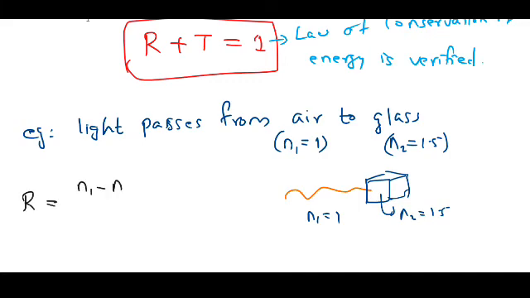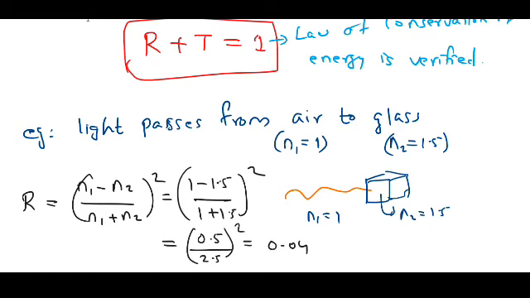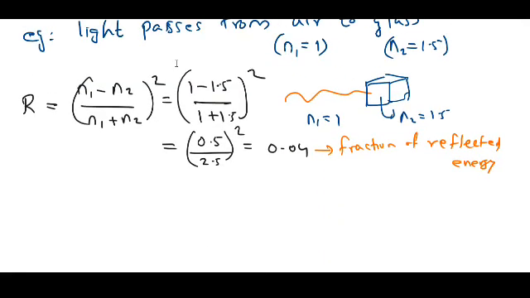R is equal to N1 minus N2 divided by N1 plus N2 all square. That is 1 minus 1.5 divided by 1 plus 1.5 all square. That is 0.5 divided by 2.5 whole square. This is nothing but 0.04. This is the fraction of the reflected energy. Now, what is the fraction of the transmitted energy?